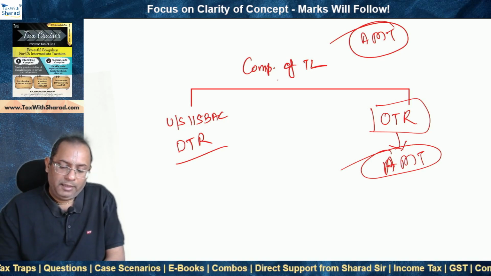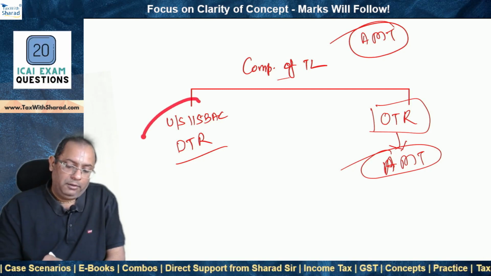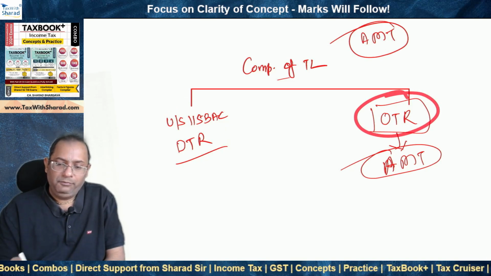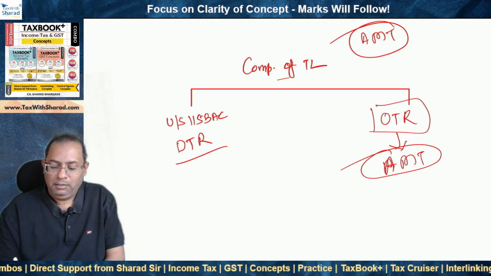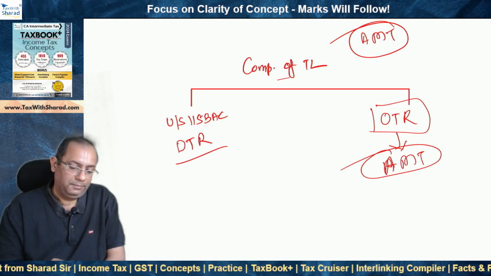So when you are computing tax liability, you either compute it as per the default tax regime, 115BAC, or the optional tax regime. If you are computing under the optional tax regime, you must consider the provisions of AMT as well.